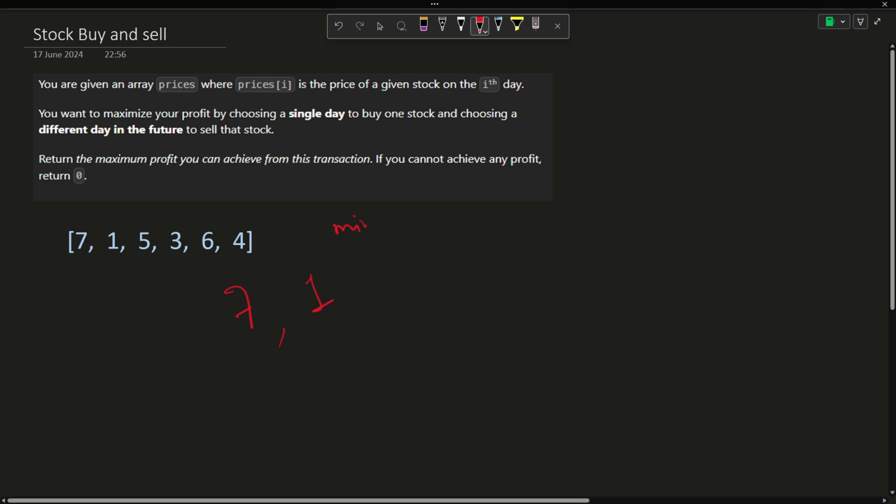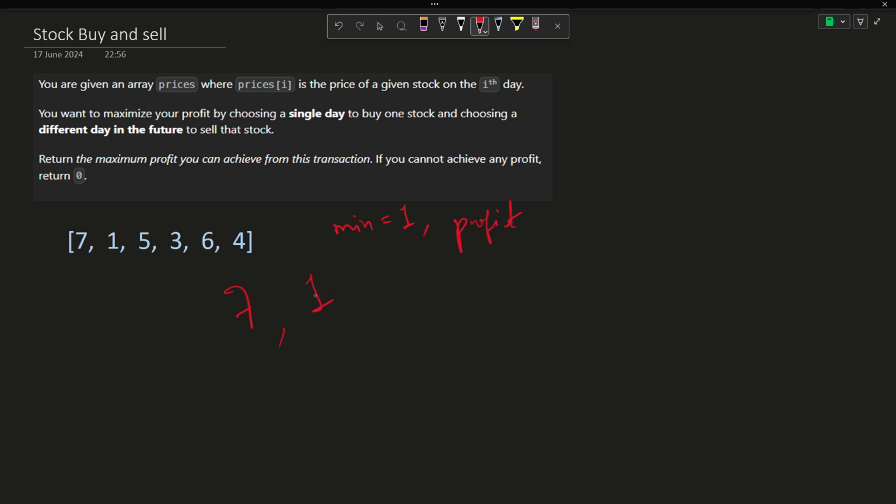Now the minimum is updated to 1, and this is not the maximum one. Let's say we also have a profit, the maximum profit we have made till now. Can we sell it? We cannot sell it, right? What if I'm selling it today, on the same day?